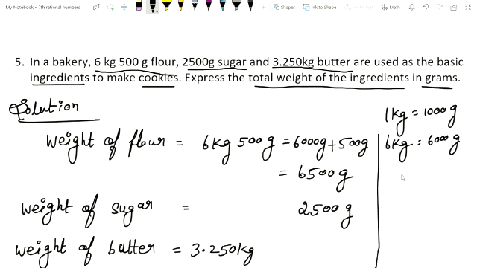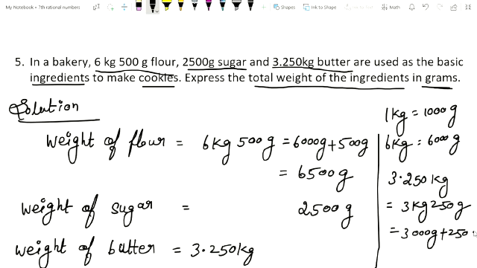So how can you write this? 3.250 kilogram equal to 3 kilogram 250 gram. So 3 kilogram is 3000 gram plus 250 gram. So what you will get? 3250 gram. Or else you directly multiply with 1000. What you will get? 3250 gram.